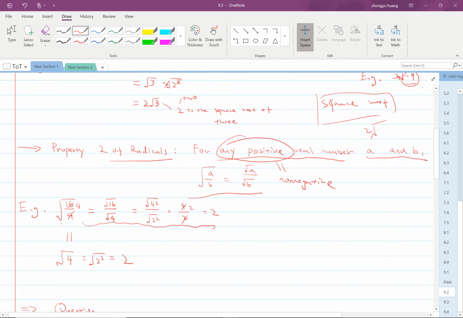This part of the process is where I show how the property works. But the second method, the one I used over here, is much faster, and you can solve this problem much more quickly.